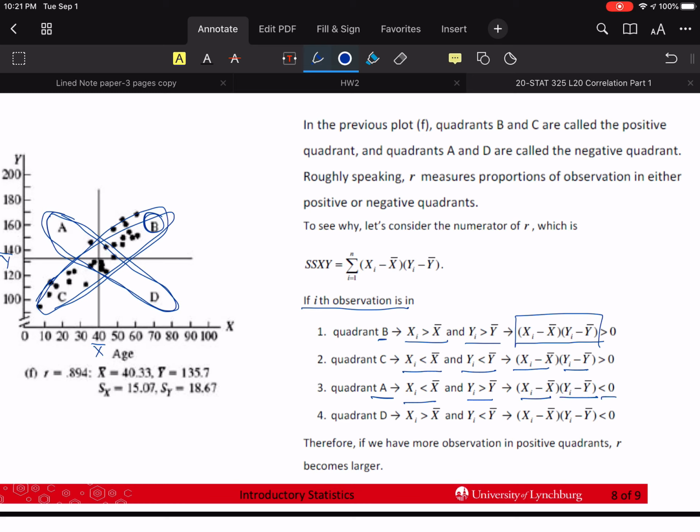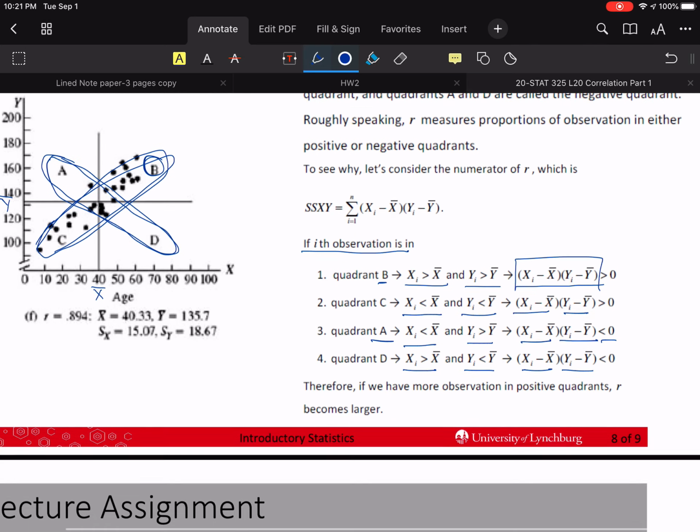Positive times negative is negative. And likewise in D, we'll have X greater than X bar, Y less than Y bar, and so we have a positive and a negative, which again is going to give us a negative. So if we have more observations in the positive quadrants, R becomes larger, okay?